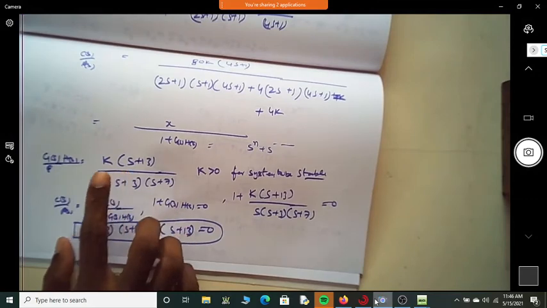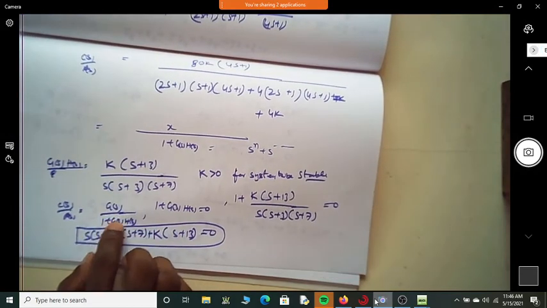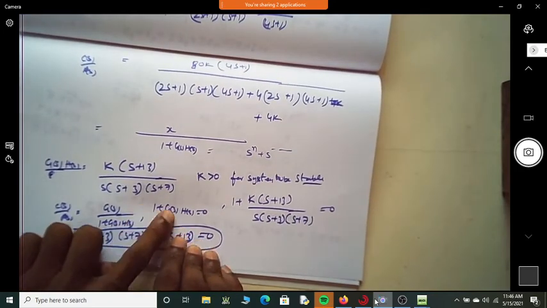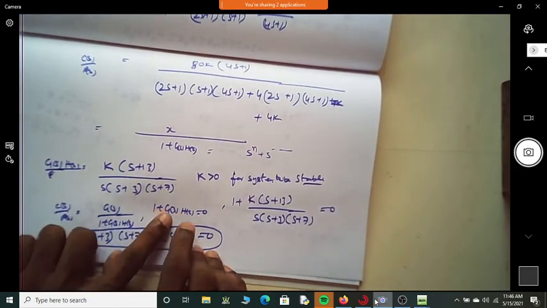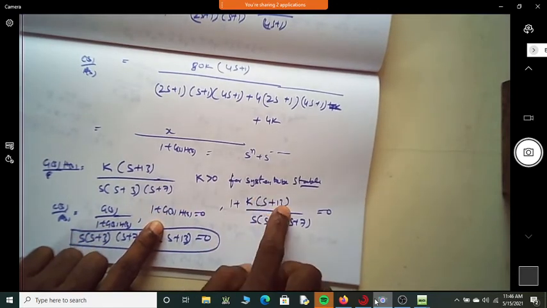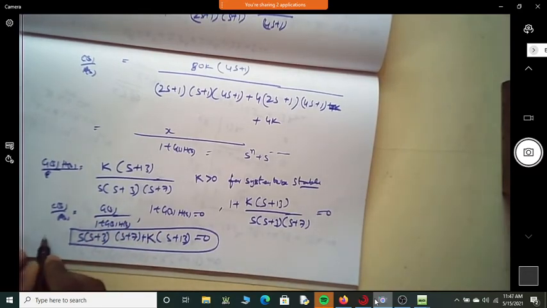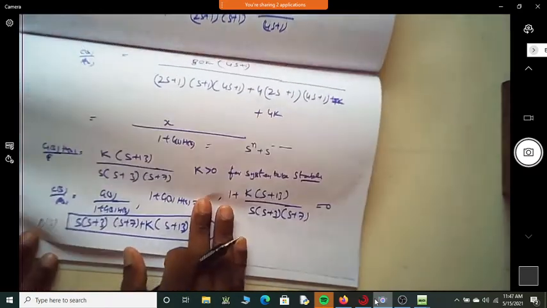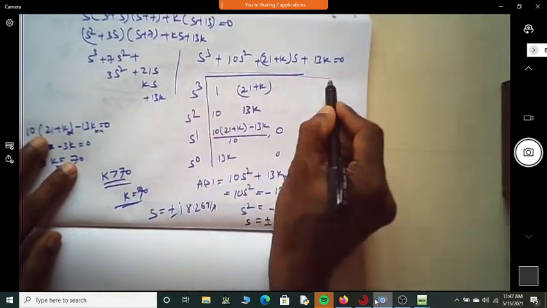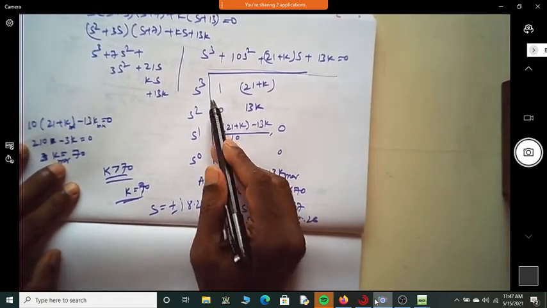Since it is the open loop transfer function, G(s) into H(s), you are supposed to know the characteristic equation. The characteristic equation is 1 plus G(s) into H(s) equal to 0. So we got this as our characteristic equation, delta of s, in this standard polynomial, and then we solved it using the Routh array.